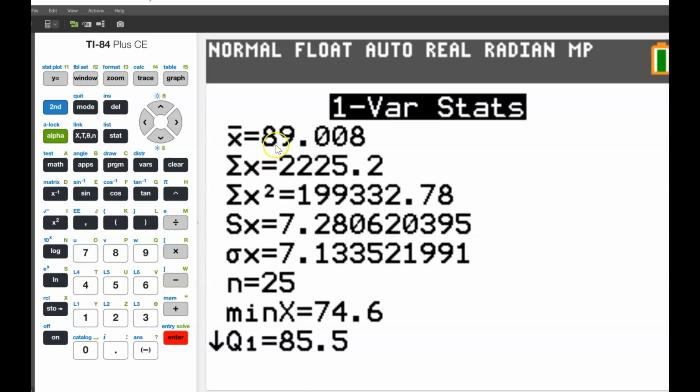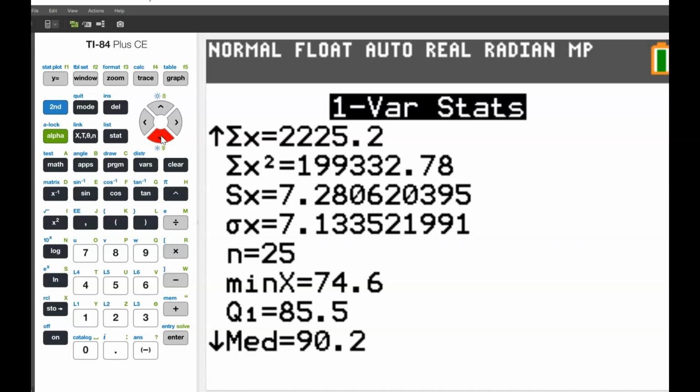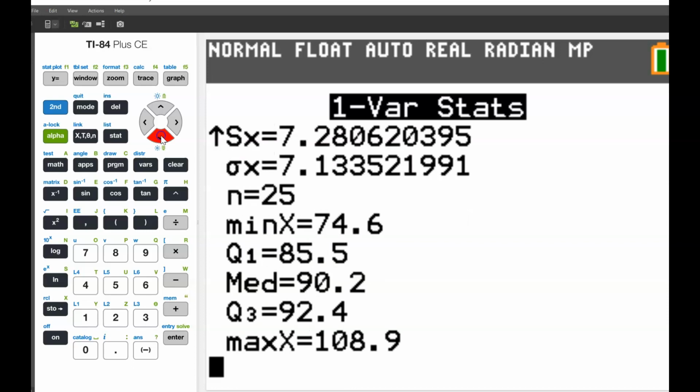You notice the mean is 3 degrees higher. The standard deviation is exactly the same. The minimum is 3 higher. The Q1 is 3 higher. The median is 3 degrees higher. Same thing with Q3 and the max. But the IQR, which is the difference between Q3 and Q1, actually remains the same.